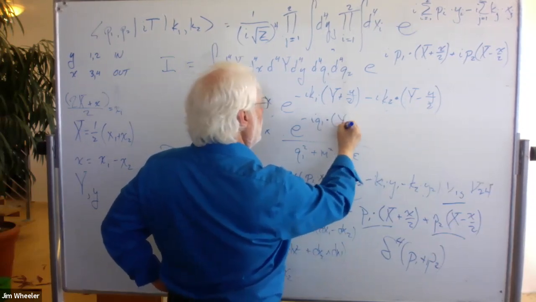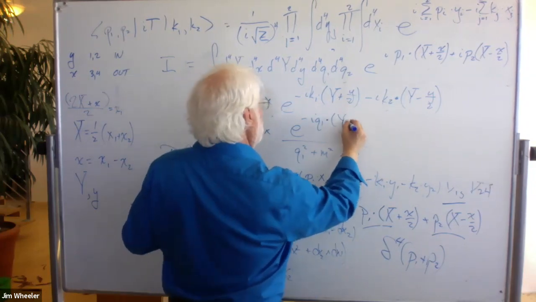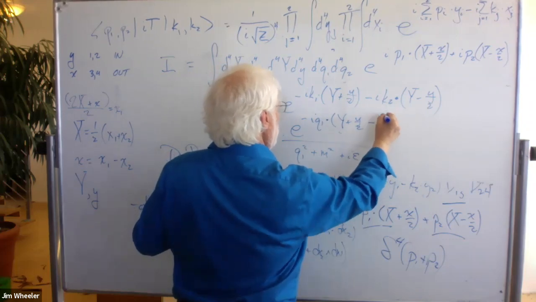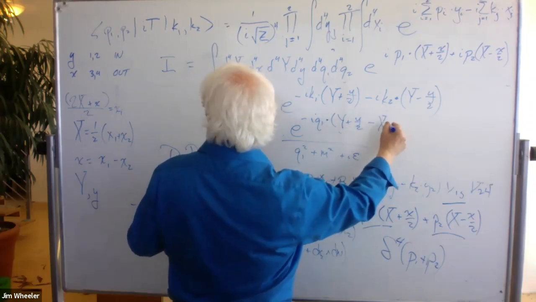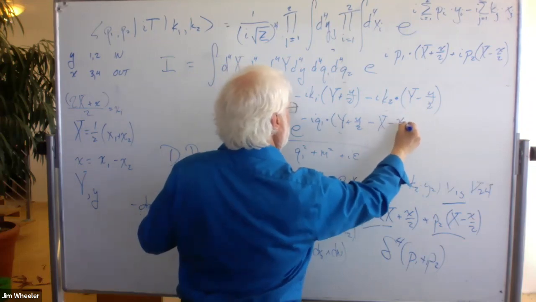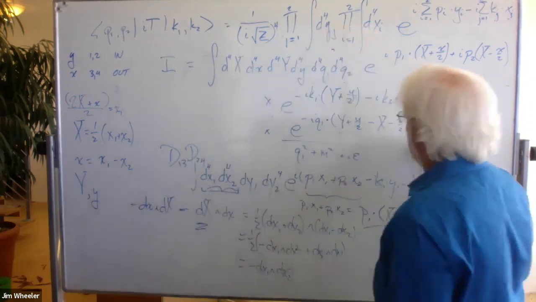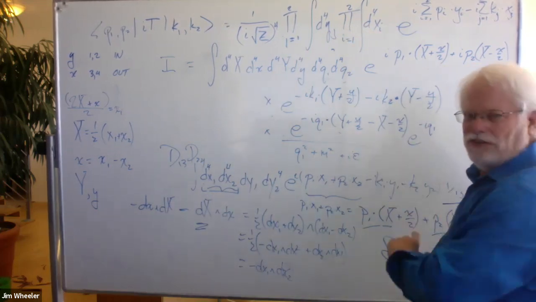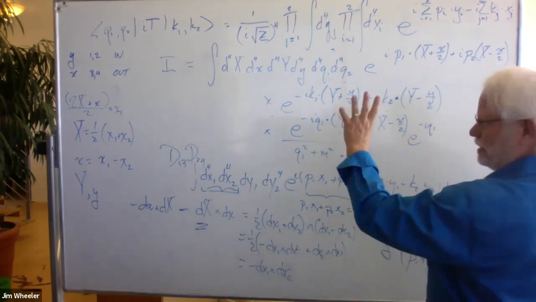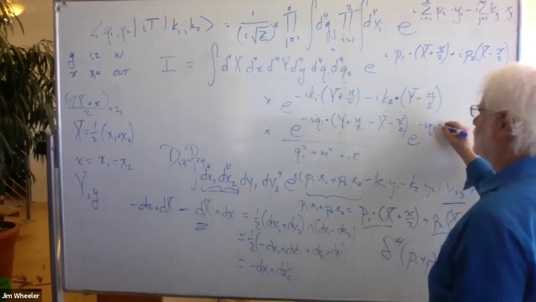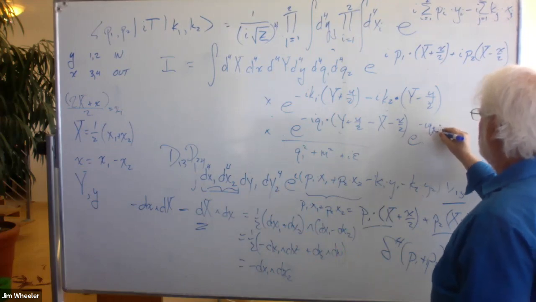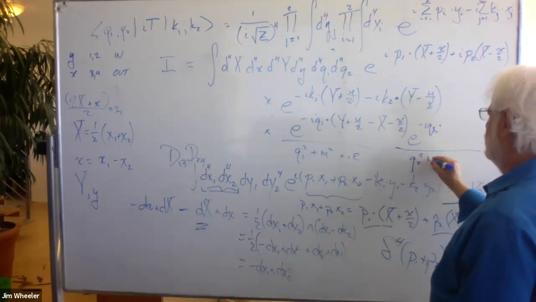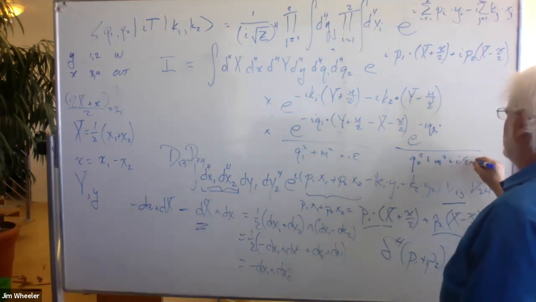This is going to be a y plus little y over 2 minus a big X minus little x over 2. And then the last one, I'm wondering if I've defined these as the right differences, but this is what I defined, so I'm going to write it this way and see where we end up. So another dummy momentum index with its denominator q2 squared plus m squared plus i epsilon.